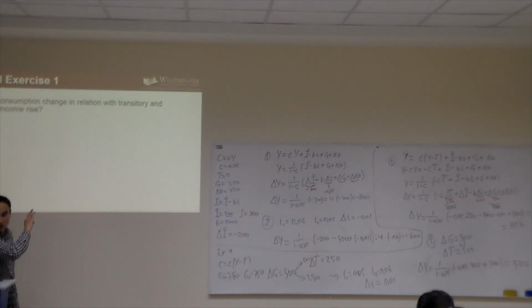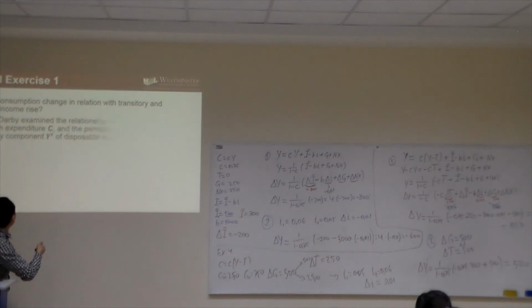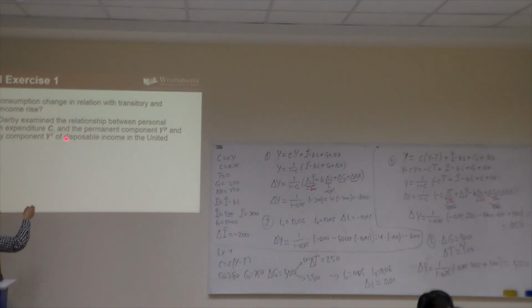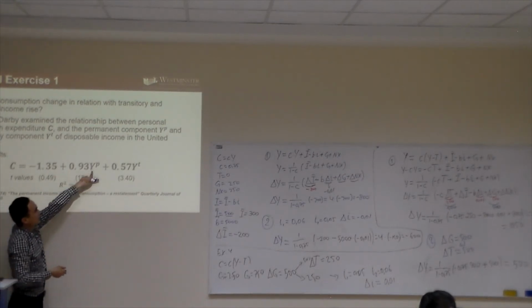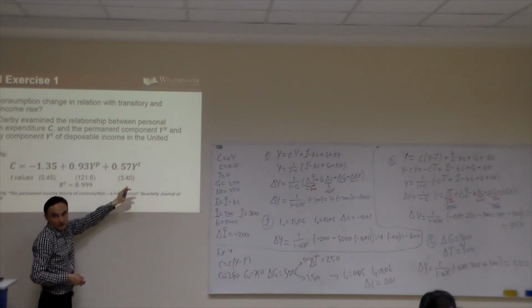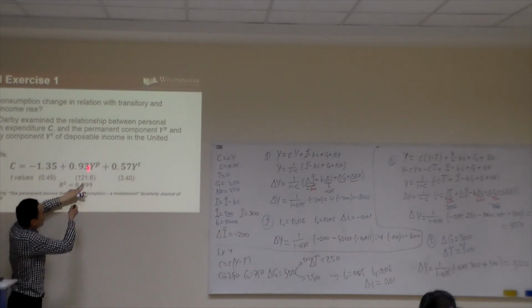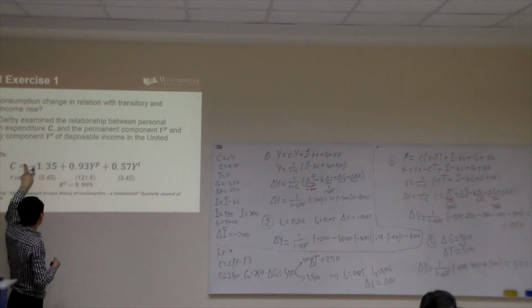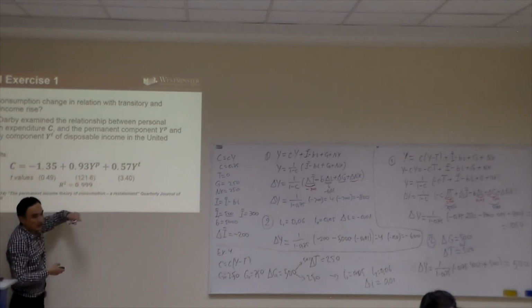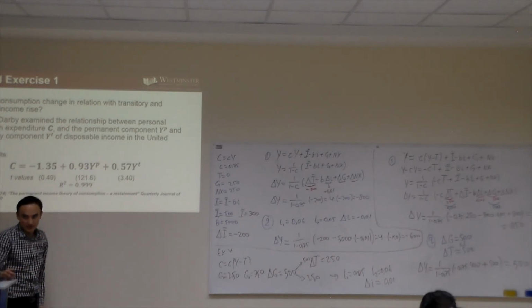To prove this theory, Michael Darby generated some data for permanent income and transitory income, and he regressed it. Now, consumption, permanent income, and transitory income: you can see that a $1 increase in permanent income increases consumption expenditure by 93 cents. It indeed says they are consuming more.